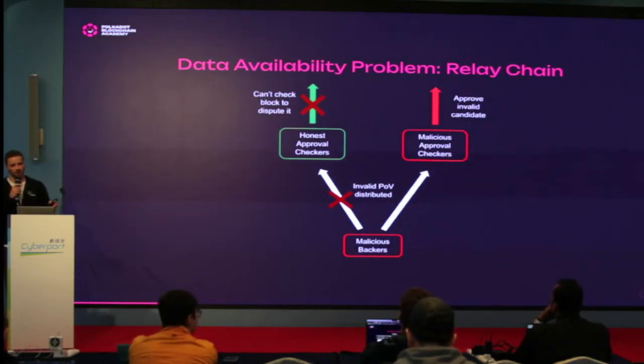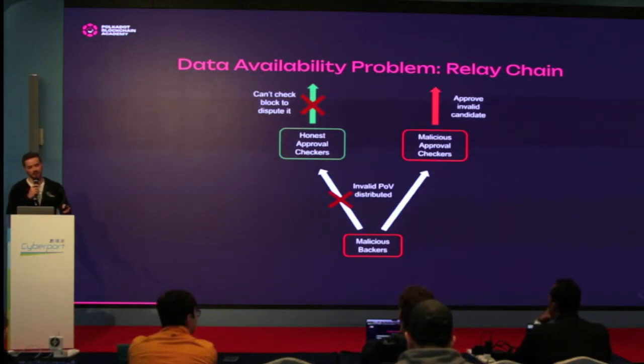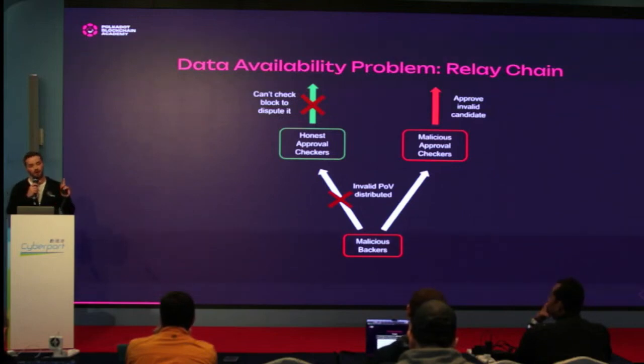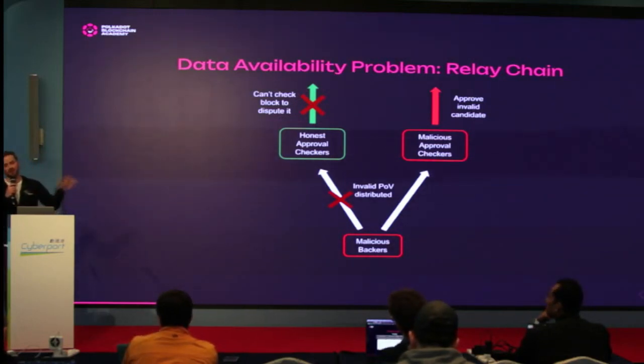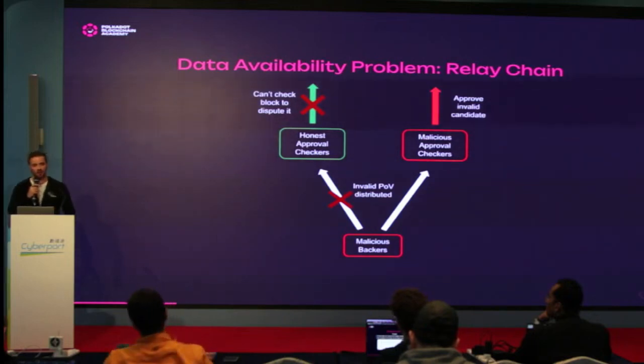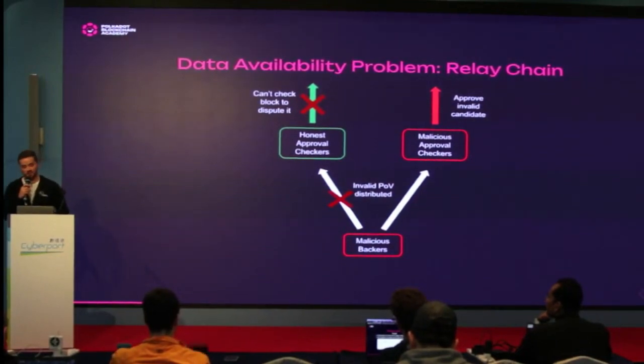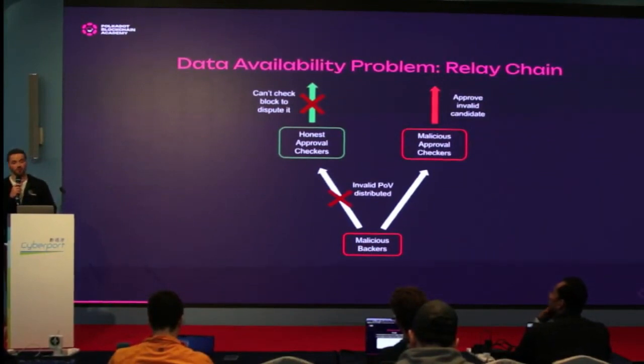Now, Mache went over the odds of, say, 30 out of 30 approval checkers being malicious from a small set when you're picking them randomly is very, very small. And we only normally need one honest approval checker in order to trigger a dispute and then cause this escalation. That's how the security model of approvals works. But if you have a malicious set of backers that are not willing to distribute the proof of validity to honest approval checkers, suddenly that all breaks down.